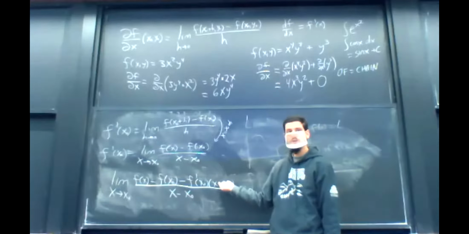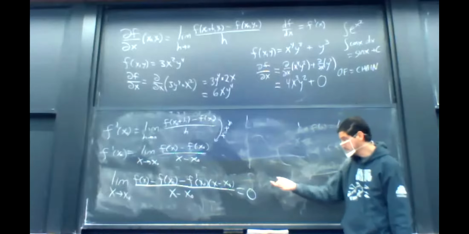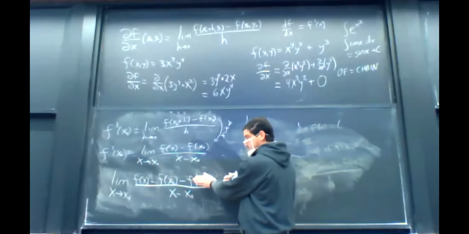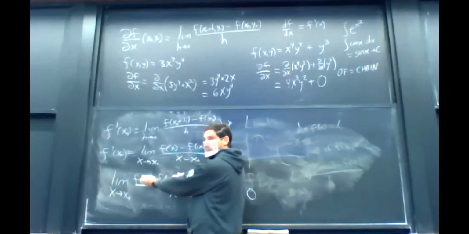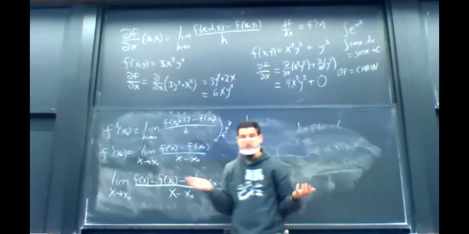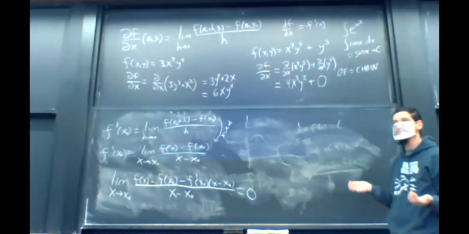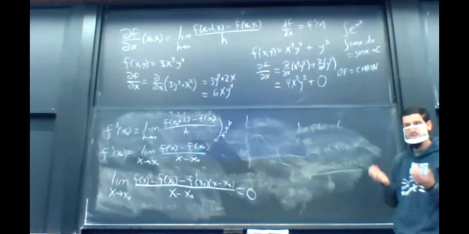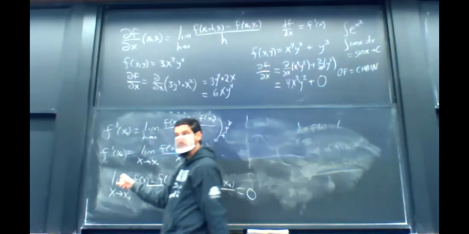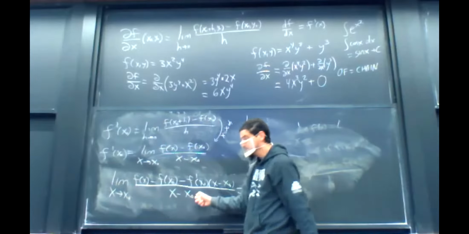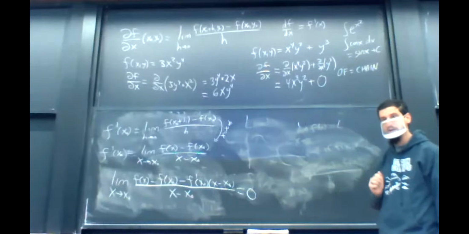It goes to 0. If my function is continuous, f of x is going to go to f of x naught. So the numerator goes to 0 as x goes to x naught. It's not a big deal for the numerator to be getting smaller and smaller. But what we're seeing is, it is such a good approximation that even when you divide by this very small bit, it still goes to 0. Now we have something.